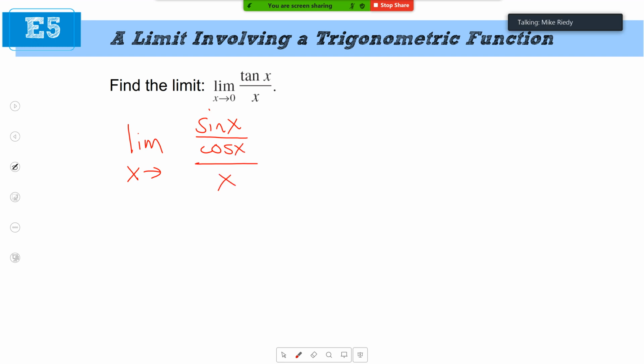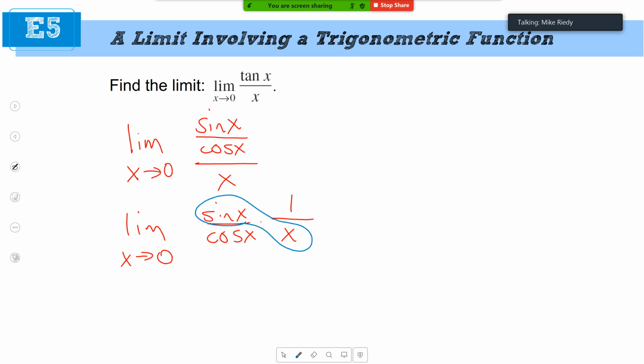Fraction within a fraction is bad. So then I would do the limit as x approaches 0 of the sine of x over cosine of x times 1 over x. Dividing by a number is the same thing as multiplying by the reciprocal. Here's where I get sneaky.